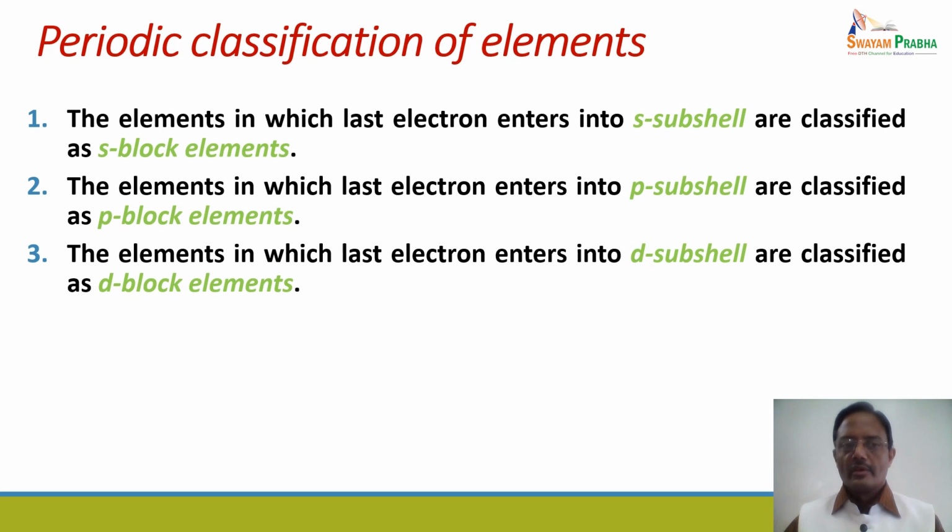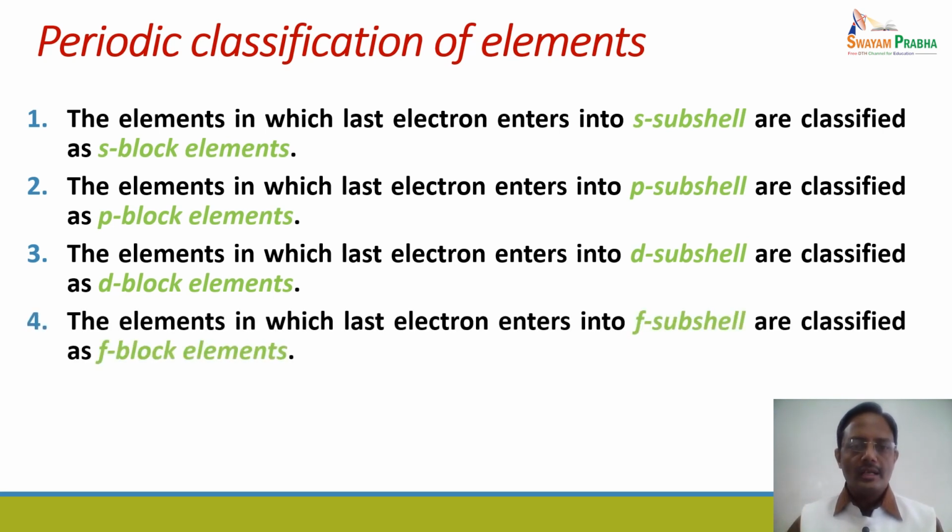Those elements where the last electron enters into D subshell, they are D block elements, and those elements where last electron enters into F subshell, they can be classified as F block elements. So this is what we call as a periodic classification of the elements depending on their position of last electron entering into a particular subshell.